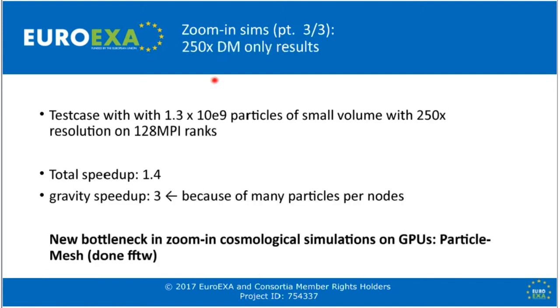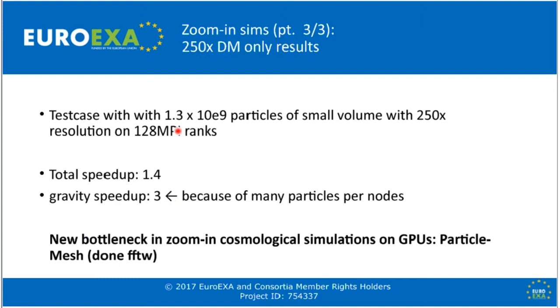But then with another zoom-in simulation, whose internal region is 250 times more resolved than the total volume, we regained a very high speed up in the gravitational sector. You may wonder why. Well, in this case the number of MPI ranks per particle was lower, so we packed more particles per MPI rank.